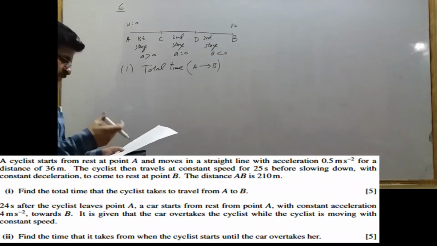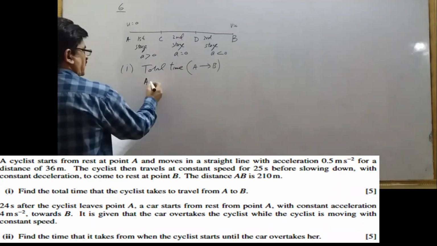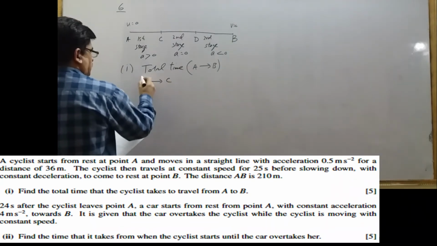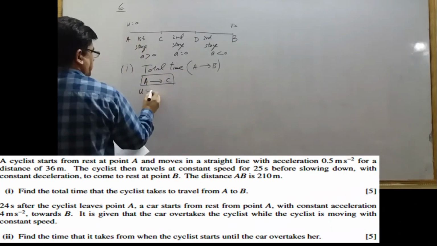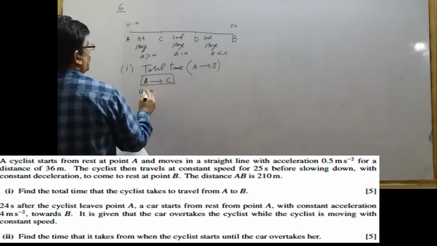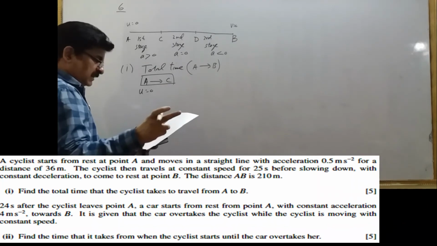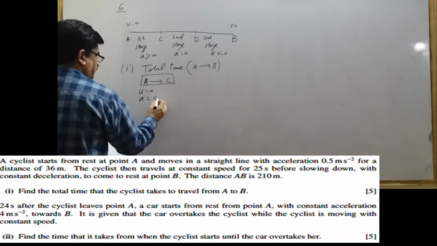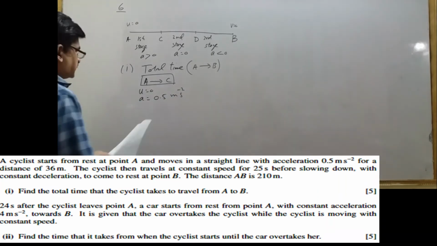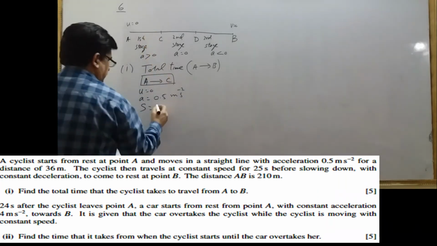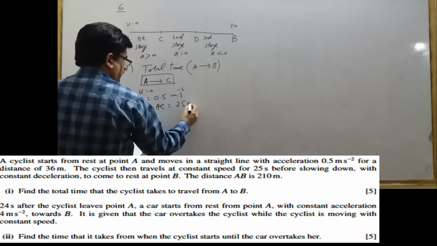According to the given information, first we find the time from A to C. Time from A to C can be found by the data given, u is equal to 0, and in the question it is given that acceleration is 0.5 and the displacement, which is AC, is equal to 25 meter.